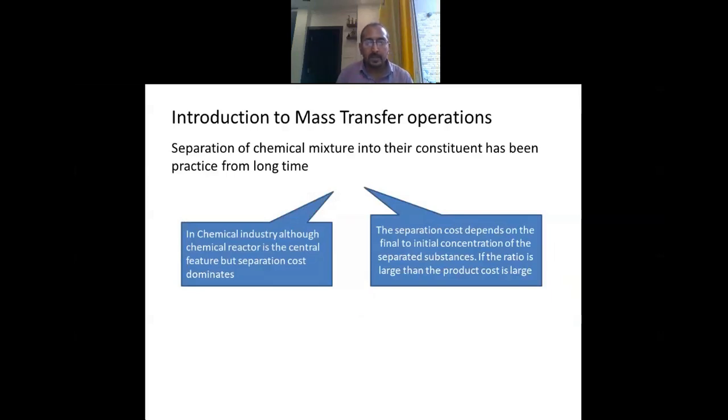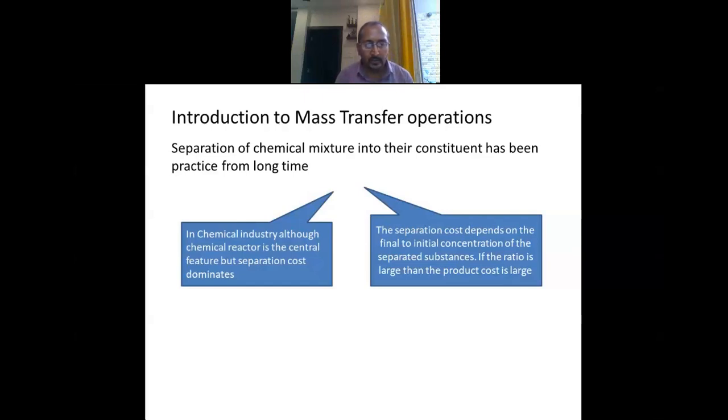Separation of chemical mixtures into their constituents has been practiced for a long time, as I have already told you. A substantial number of unit operations in chemical engineering are concerned with the problem of changing the composition of solutions and mixtures through methods not necessarily involving chemical reactions.